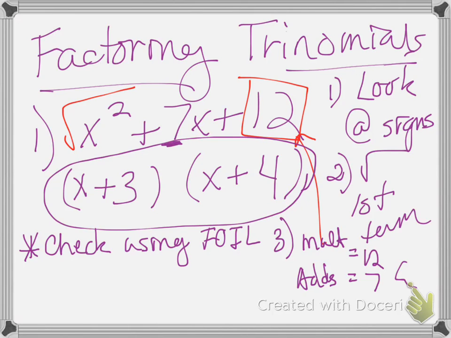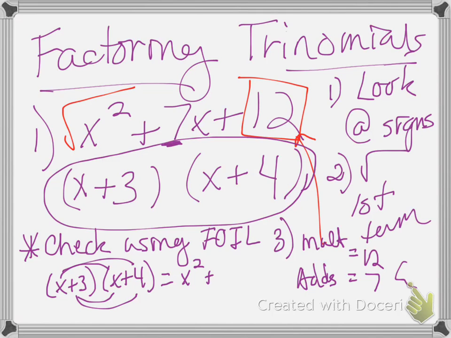So you can take that x plus 3 and that x plus 4, and you can distribute first, outer, inner, last, and you get x squared plus x times 4, which is 4x, plus 3 times x, which is 3x, plus 3 times 4, which is 12.